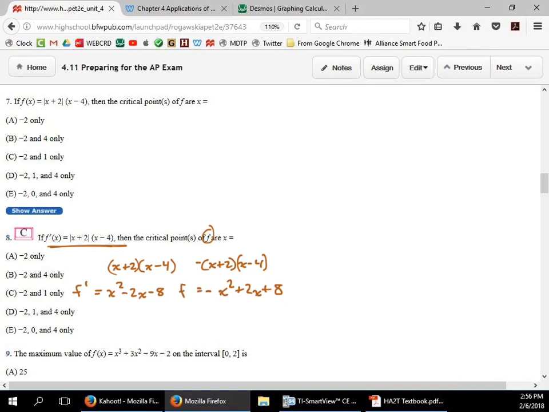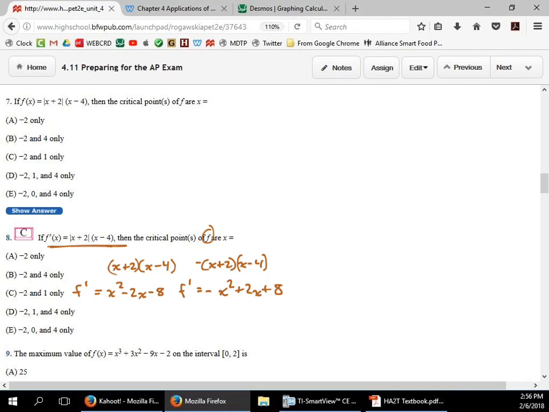I know this is kind of annoying. Whenever they throw absolute value bars into these, it makes it a little confusing, mostly because with the absolute value bars, you don't know if you got a positive or negative result inside there. So we're still doing critical values the same. We have to find out where this would be equal to 0 or where it would be undefined.